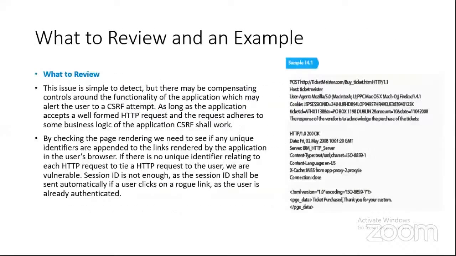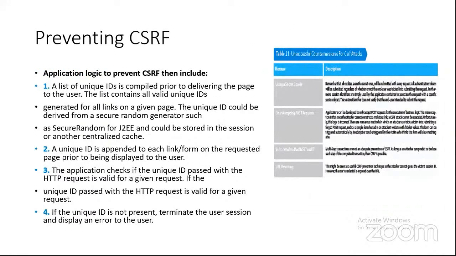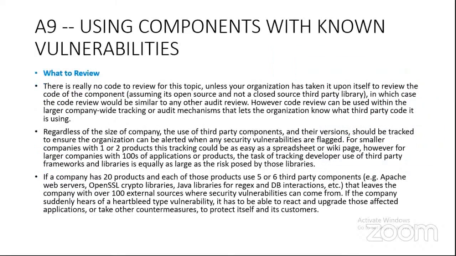They are doing things on your behalf. So that is a CSRF kind of cross-site attack where you send a phishing mail or a request. This issue is simple to review, but there must be compensating controls around the functionality there. So preventing CSRF is a very critical thing. Please join our course, and we will go into the details of how all these are protected.